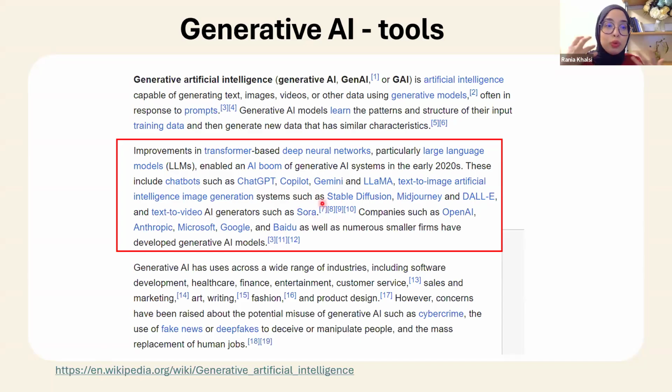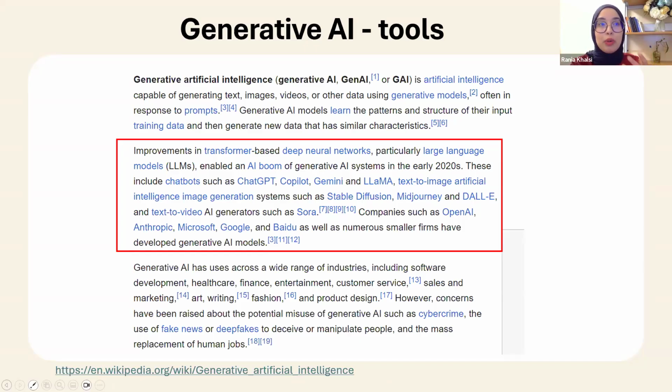Okay, so today there is a huge competition, let me say, in the market between companies for the development of these tools. Okay, so we are not going to focus for now on image generation. We discussed that a lot in the first videos.